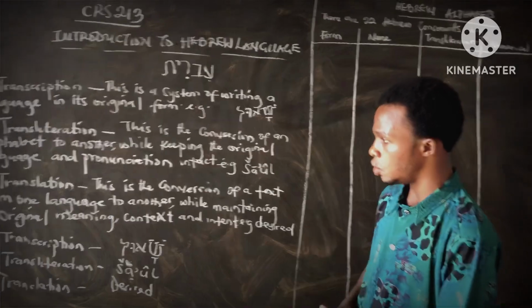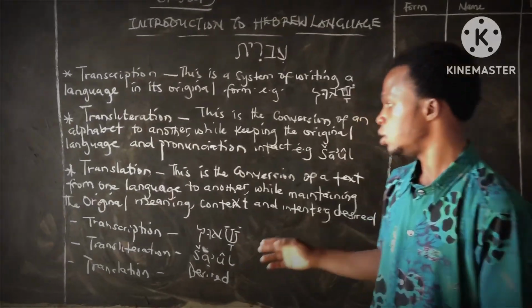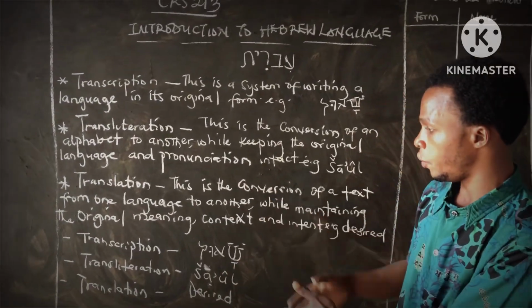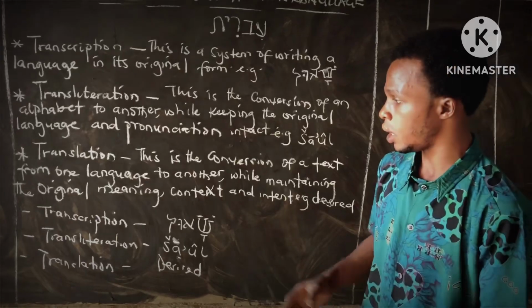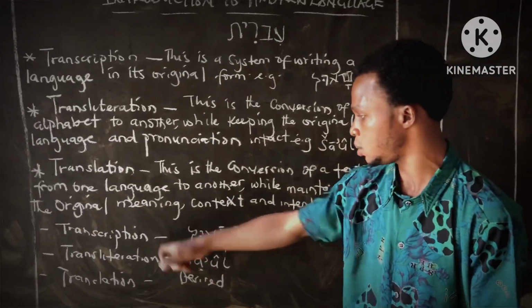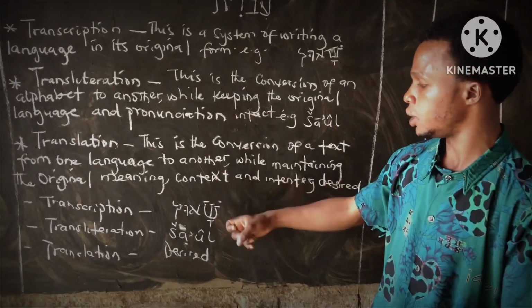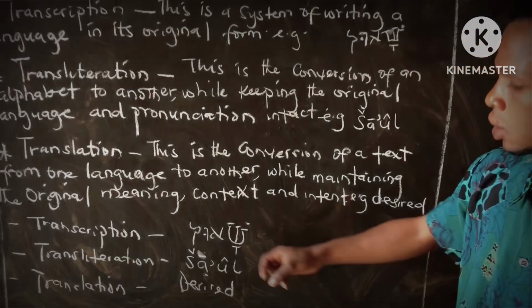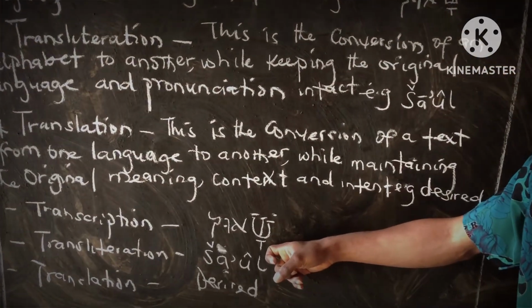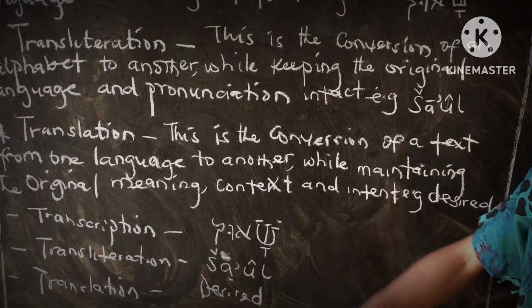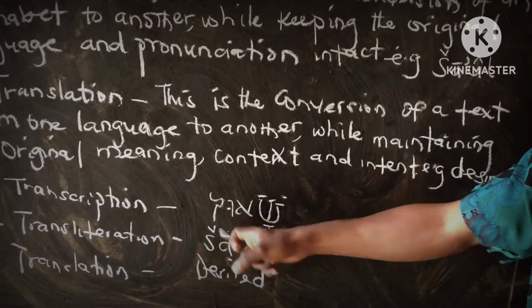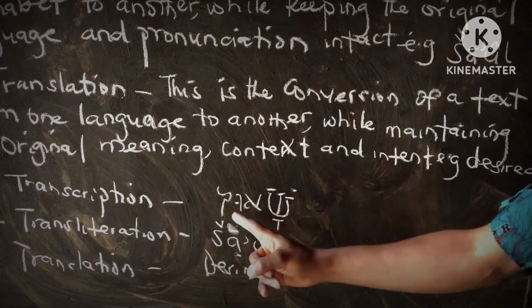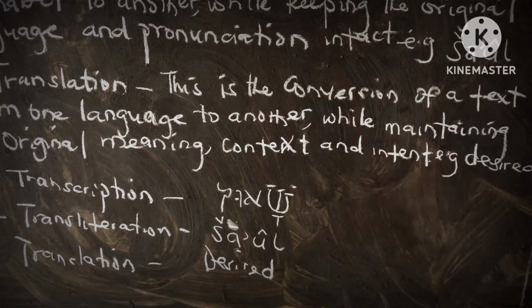So lastly, on this note, we are going to see the overall summary example. We have transcription Shahul. Don't forget, this is Shin. This is the long form of A. This is Aleph. This is Wow, the combination of wow and the dot in the middle.